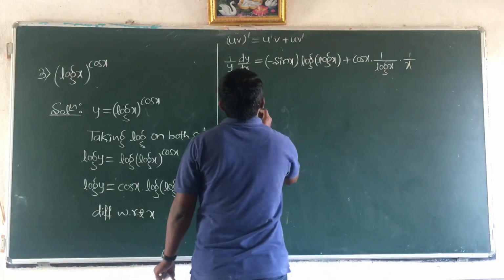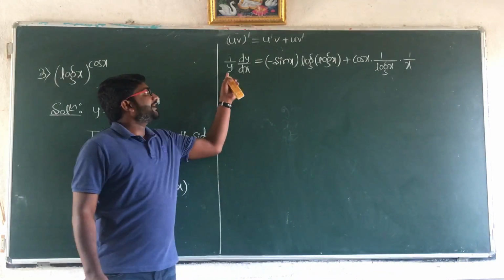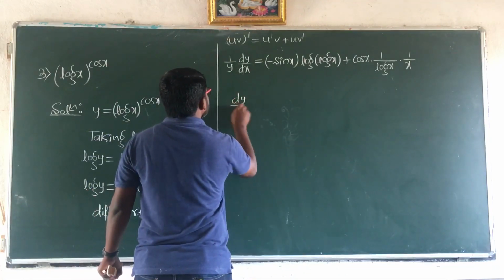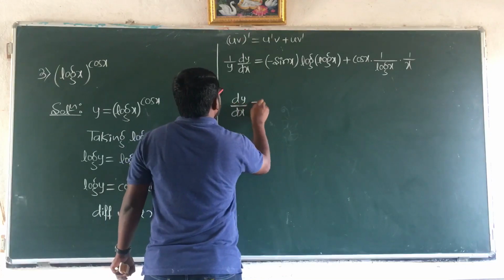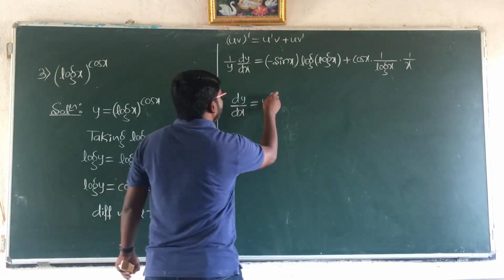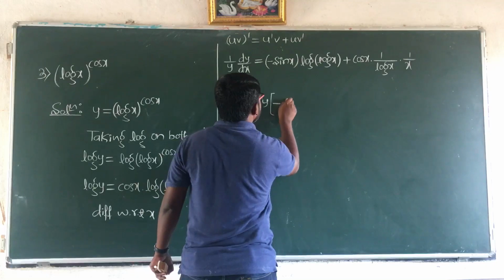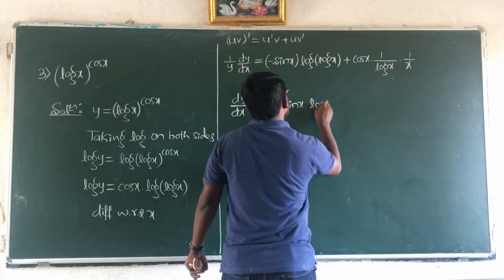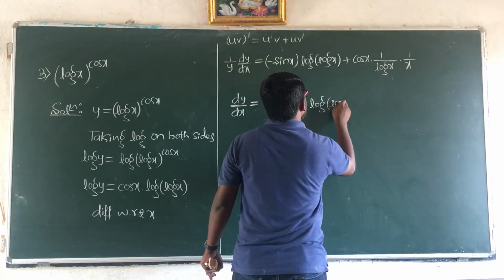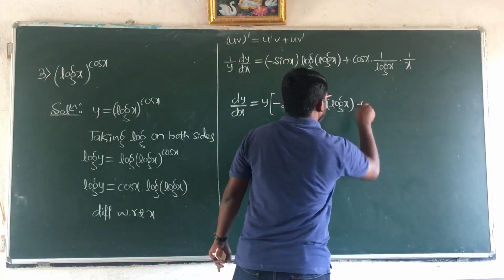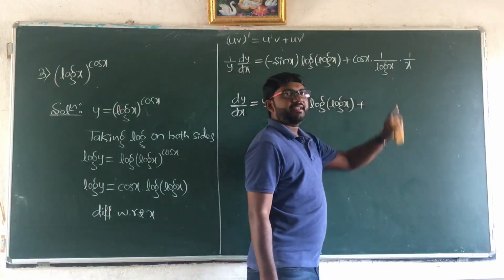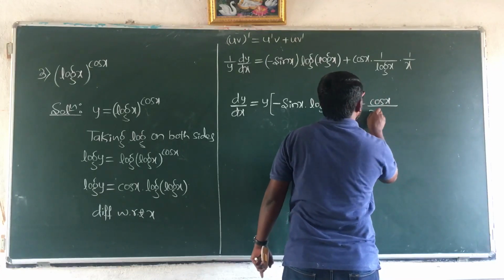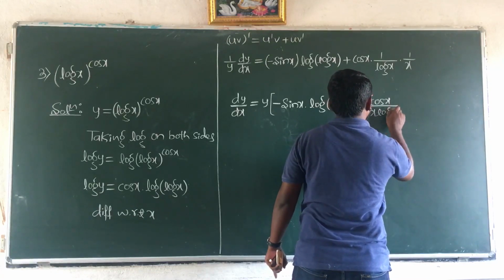So now, in the next step, I take y to the RHS, it goes to the numerator. So dy by dx is equal to y into the bracket, write these terms as it is, now minus sin x into log of log x plus now write this particular term, it is cos x divided by x into log x.